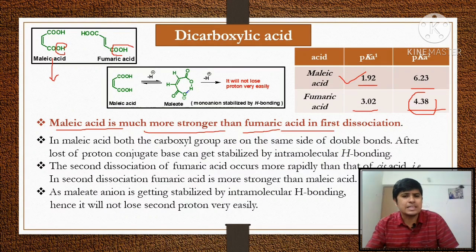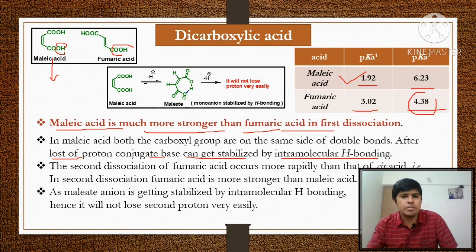In maleic acid, both carboxyl groups are on the same side of the double bond. After the loss of a proton, the conjugate base can get stabilized by intramolecular hydrogen bonding.